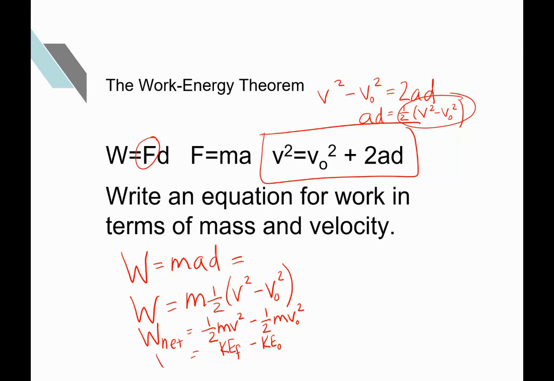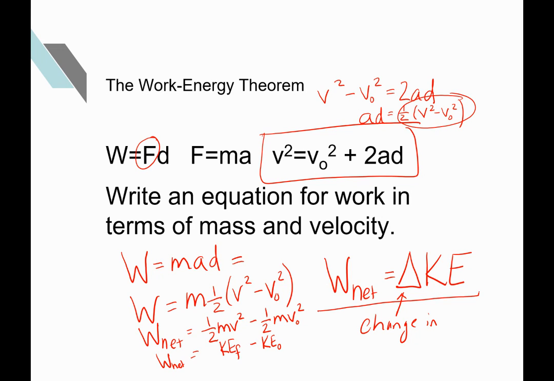So how can we rearrange that even further? The net work is equal to change in kinetic energy. Okay, and that triangle, just so we are all clear at this point, that means change in. Okay, so net work is equal to change in kinetic energy.